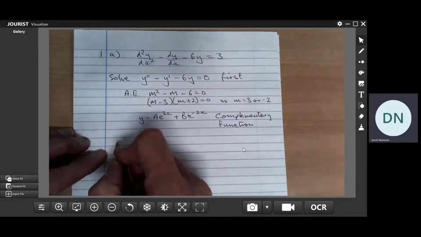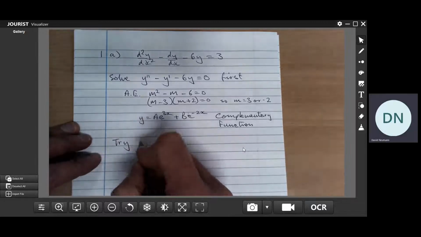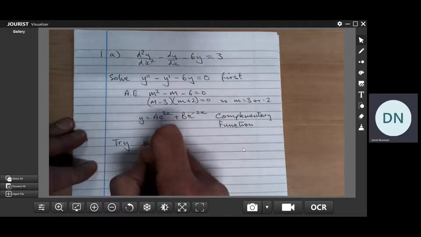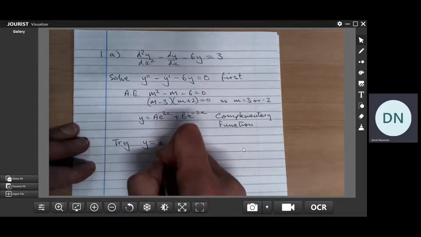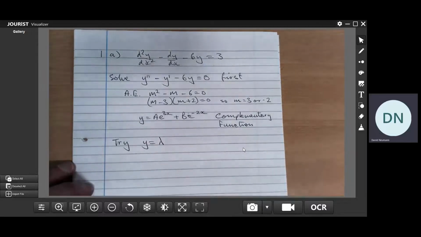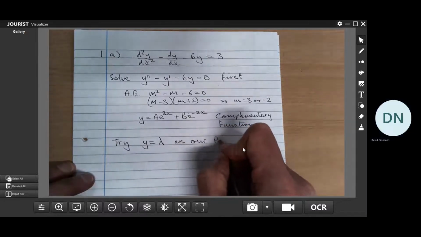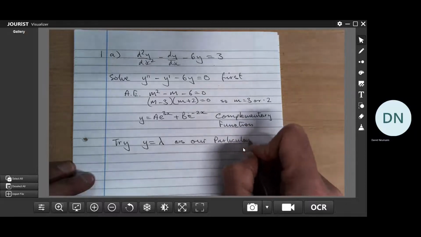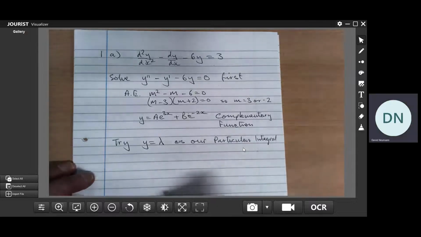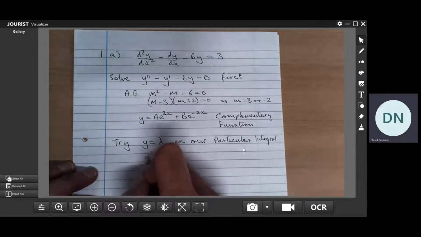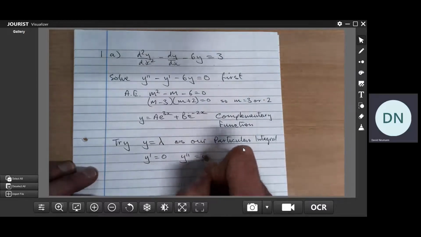We're going to try what is sometimes called a trial function. Because this is a constant over here, we're going to say y equals a constant, so y equals lambda, as our particular integral. Now we differentiate: y' is equal to 0, and y'' is equal to 0.